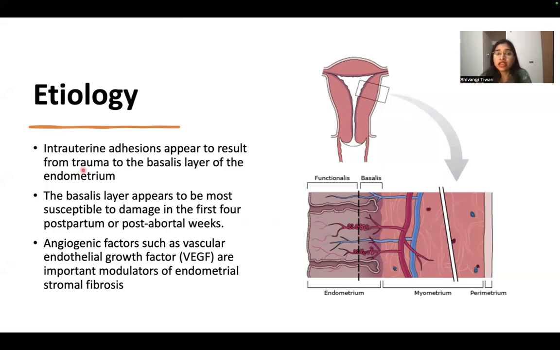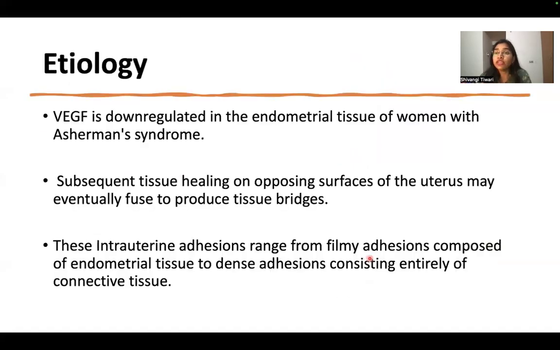So these intrauterine adhesions result from trauma to this basalis layer of the endometrium. This basalis layer is most susceptible to damage in the first 4 postpartum or post-abortal weeks. And VEGF is an important modulator of endometrial stromal fibrosis. VEGF is downregulated in the endometrial tissue of women with Asherman syndrome.